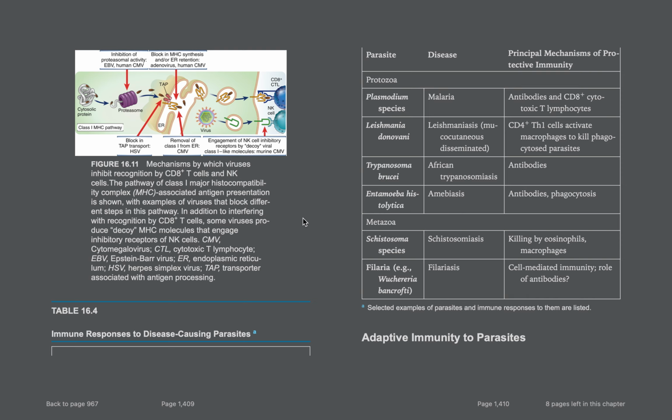Trypanosoma, African trypanosomiasis, the principal mechanism is antibody. Entamoeba histolytica causes the disease amoebiasis. It mostly depends on antibody and phagocytosis. Among the metazoa, Schistosoma species cause schistosomiasis, with killing by eosinophils and macrophages. Filaria, for example Wuchereria bancrofti, is cell-mediated, with a role for antibodies.